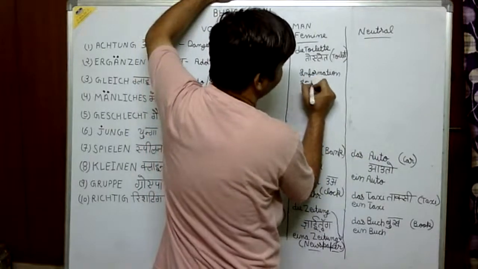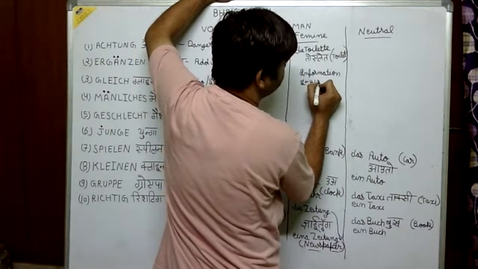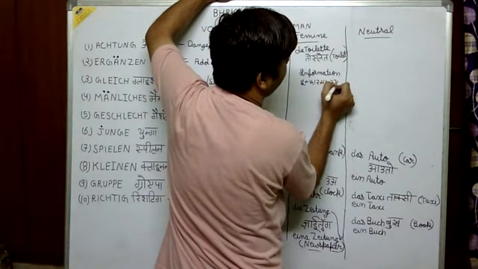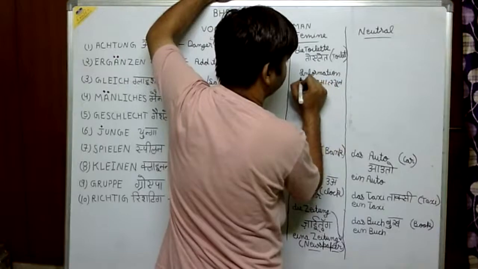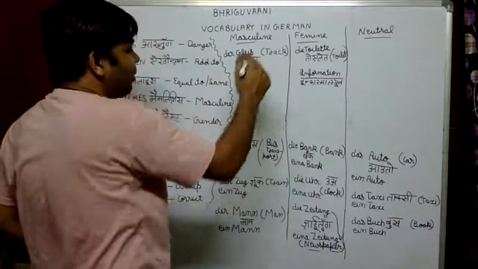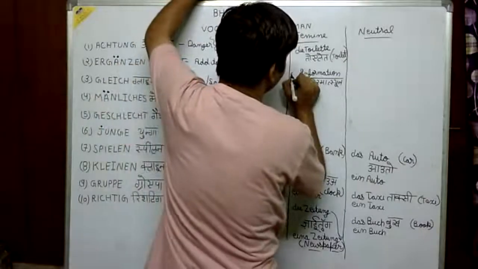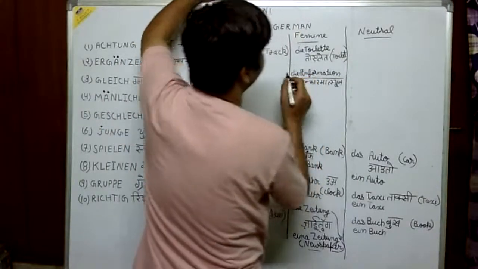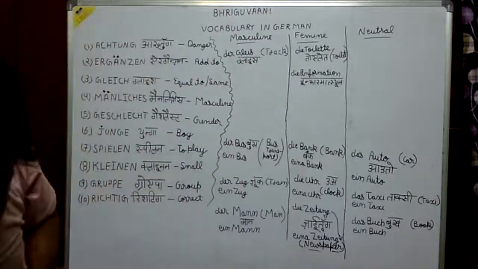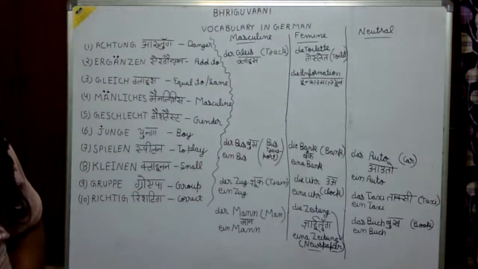In German, we call it Information. And this Information is a feminine word. So we'll say die Information.